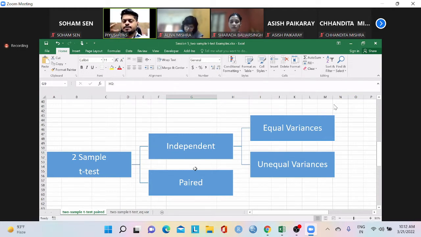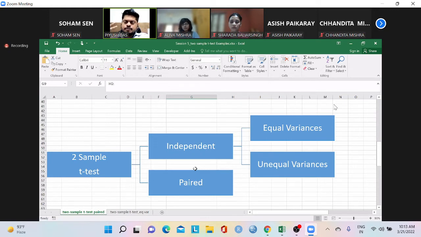Then, what is the difference between independent and paired? Independent is when the two groups are not related to each other. Like I said, let's say I want to understand whether there is a difference in Netflix, Prime Video or Hotstar usage between the age group 18 to 30 and the group above 30, below 45.